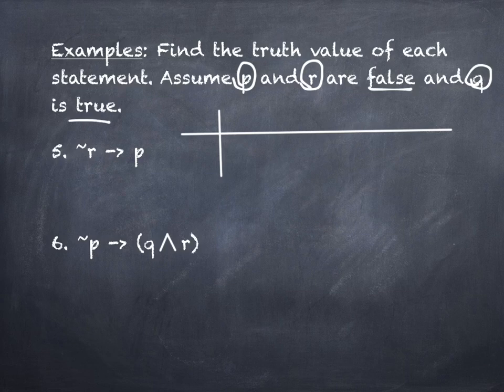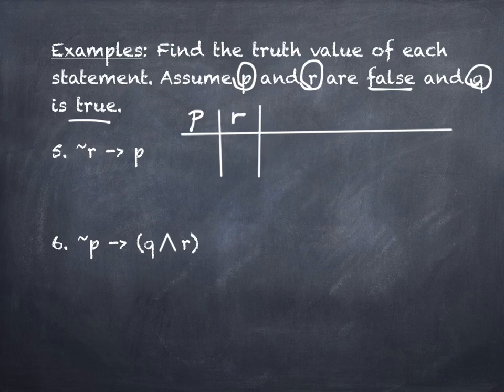Now this particular one, number 5, doesn't have a Q in it. So you can put it in the table if you want to, but it's not going to be used for anything. So the only letters we really need are P and R because they're the only letters occurring in this particular problem. Does that make sense?